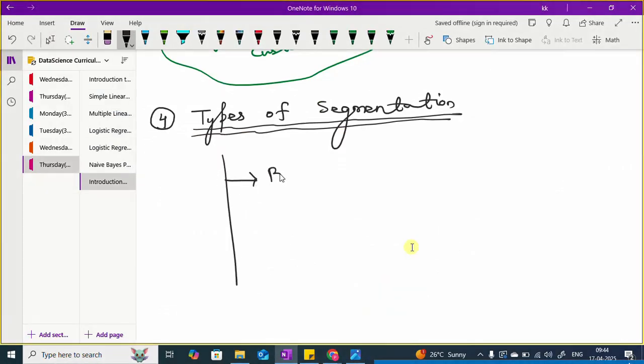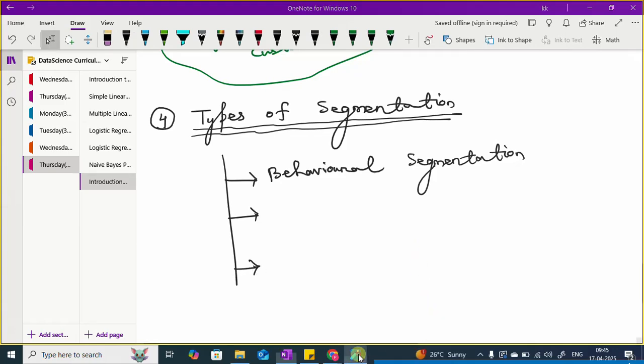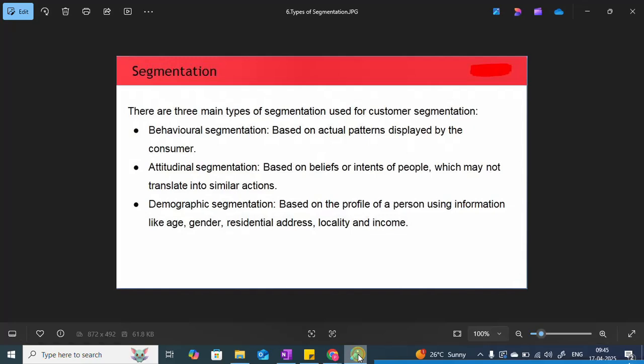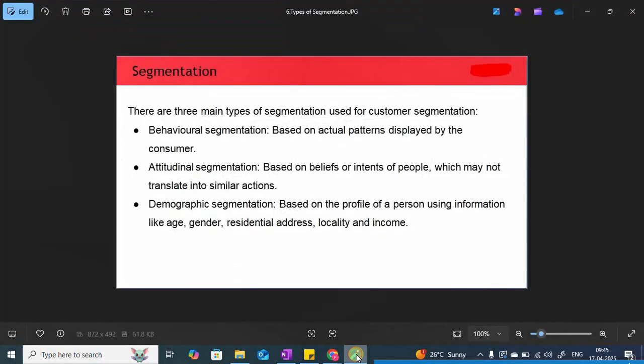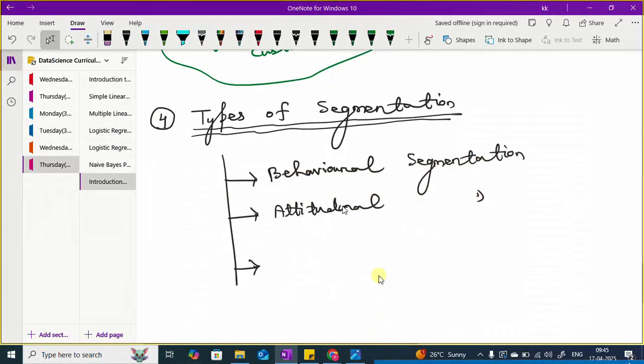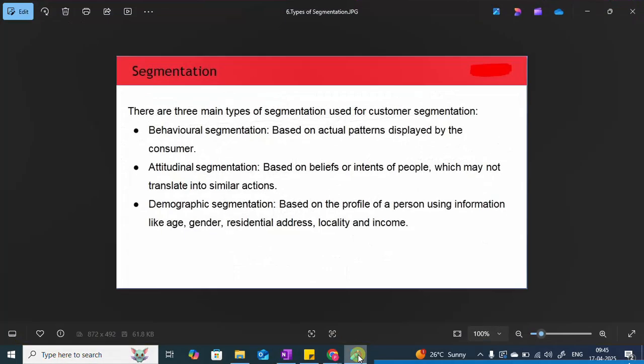One is behavioral segmentation, then the next one is attitudinal segmentation, then demographic segmentation. These are the three major segmentations.